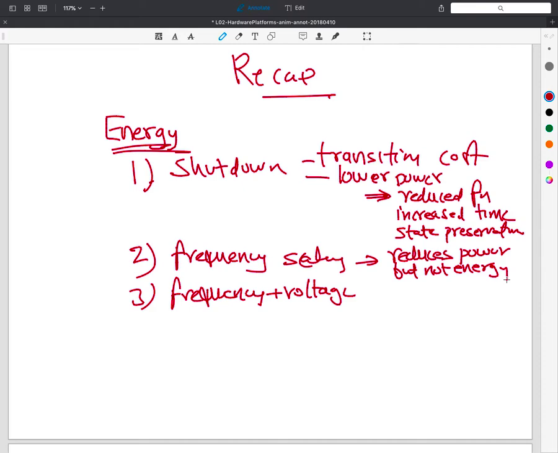We had looked at this formula that P is proportional to V squared F, and therefore that in effect translates into power being proportional to, roughly speaking, the cube of frequency or the cube of voltage. And so I can play this game. If you reduce the frequency, then you can afford to have a lower speed hardware because you're running it at a lower speed, and therefore you also reduce the voltage.